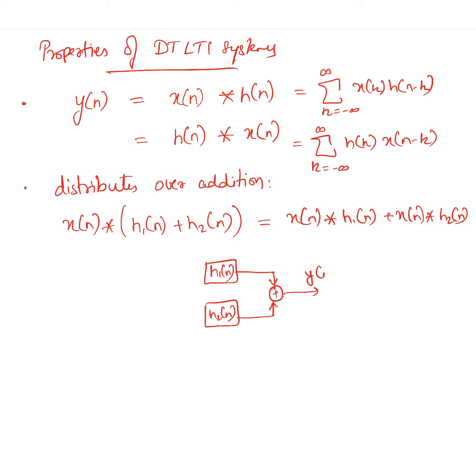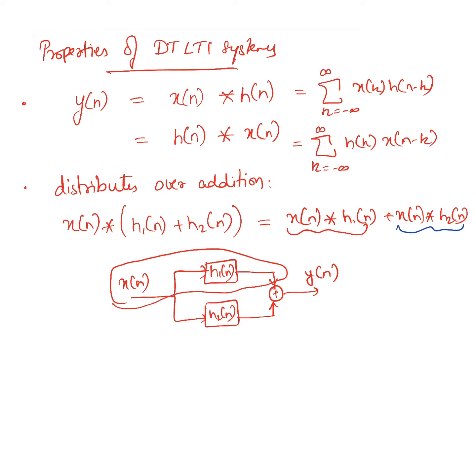So you would have y of n, and the input signal is x of n. This part corresponds to this part, and this part corresponds to this part. If we add these two convolutions, we would get y of n as the summation of their individual responses.